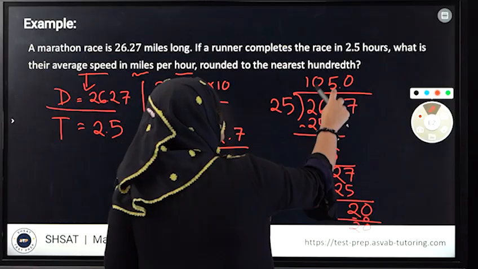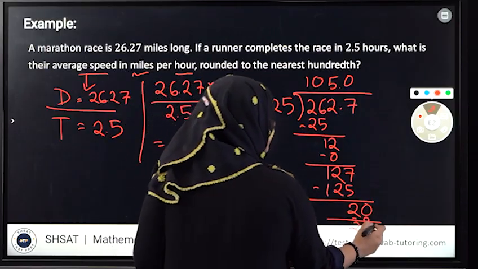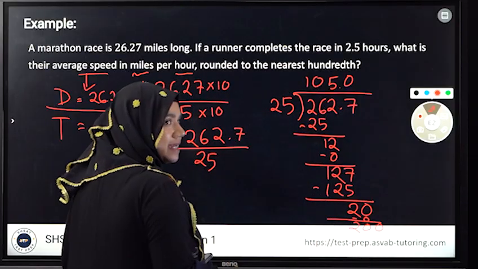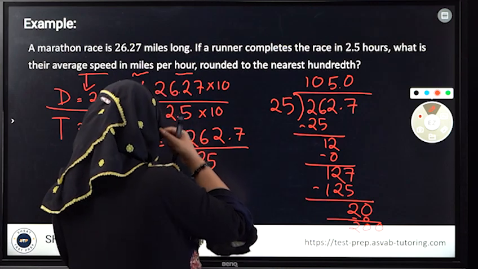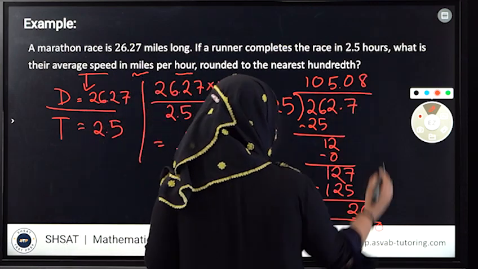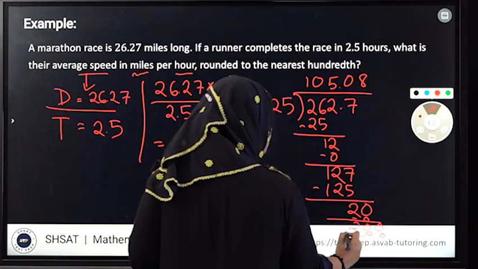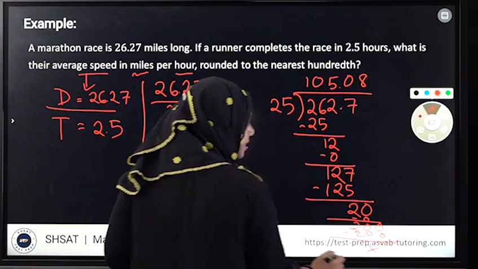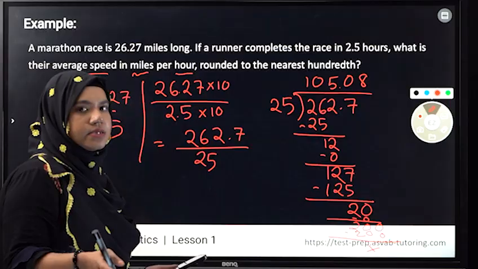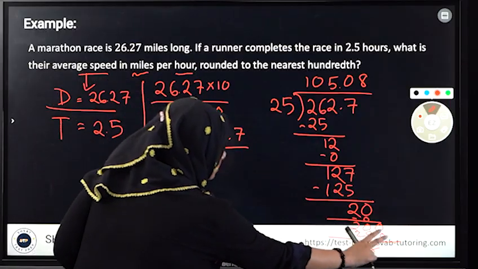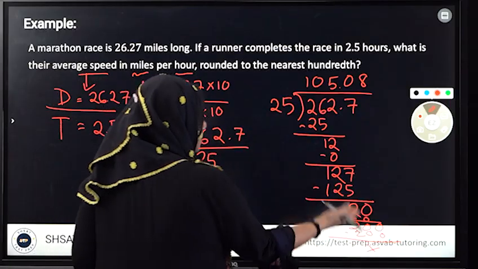Now, because of this existing decimal, we need to put a 0 over here again. So that's how it works. Now we do 25 times 8, which is basically 200, and it ends up with no remainder as well. I hope you do understand, because the math went kind of big, but I hope you do understand what I've written here.